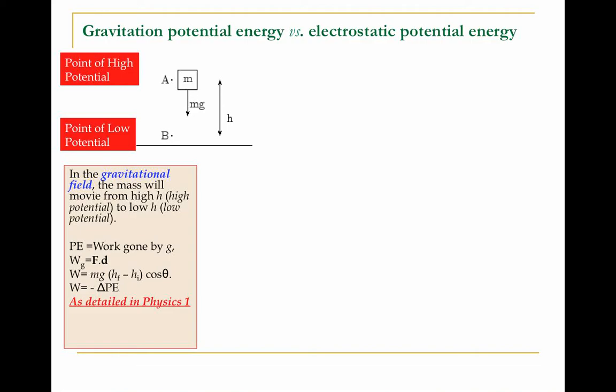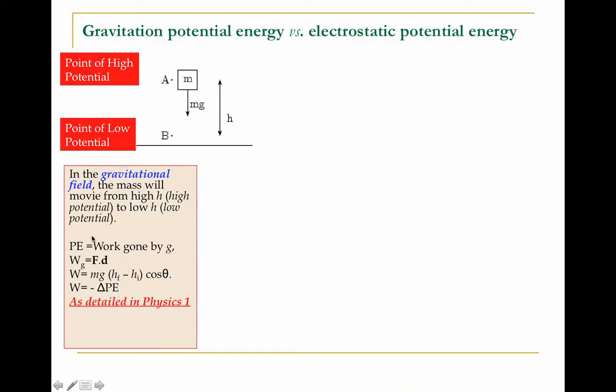If you look at the potential energy, which is defined as the work done by the gravitational attraction, we worked this out in physics 1 such that the work done by gravity is equal to F dotted with D, where F is the force or the weight, and D is the distance between the 2 points, H final minus H initial, and cosine theta is the angle between the force and D, which in this case is 0.